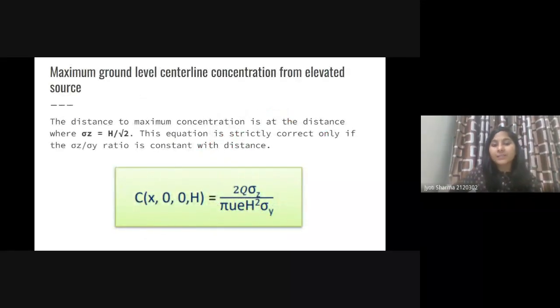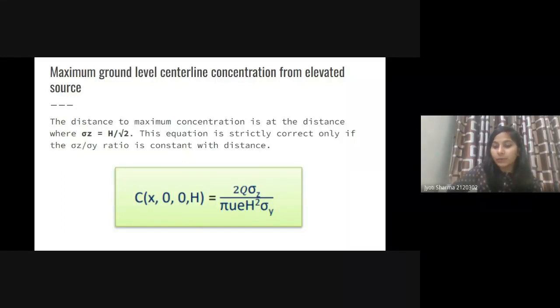Then the distance to maximum concentration is the distance where our standard deviation in the vertical direction is equal to H upon square root of 2, where H is the effective stack height.